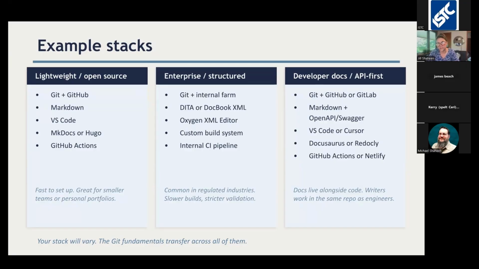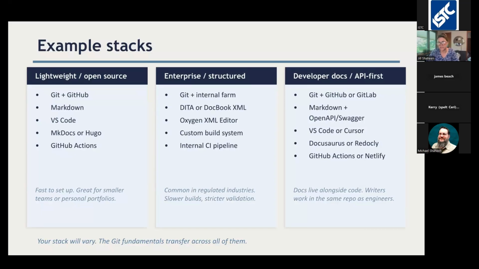The enterprise structure, that's more like what I had at AWS. We had our own version of GitHub that we built and we used internally. It was called Git Farm. And we had a custom build system and an internal pipeline that we used as well. So these are just some different examples.